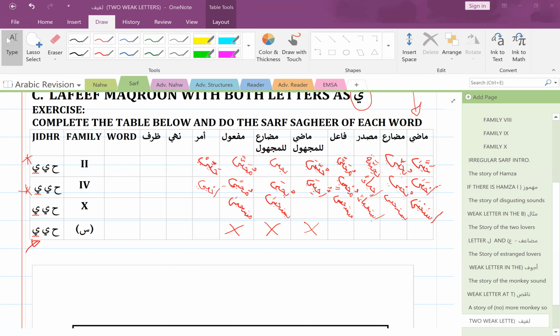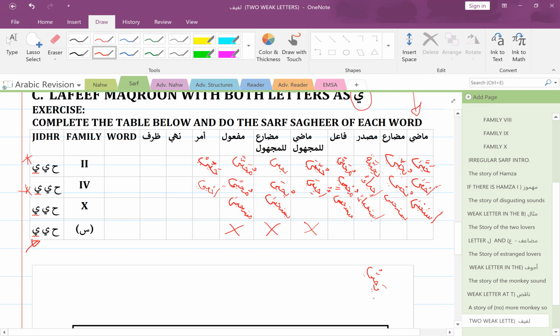Al-amru minhu: hayyi, hayya. So it's small families. Let's go back to the mudara: hayya yahayyu.